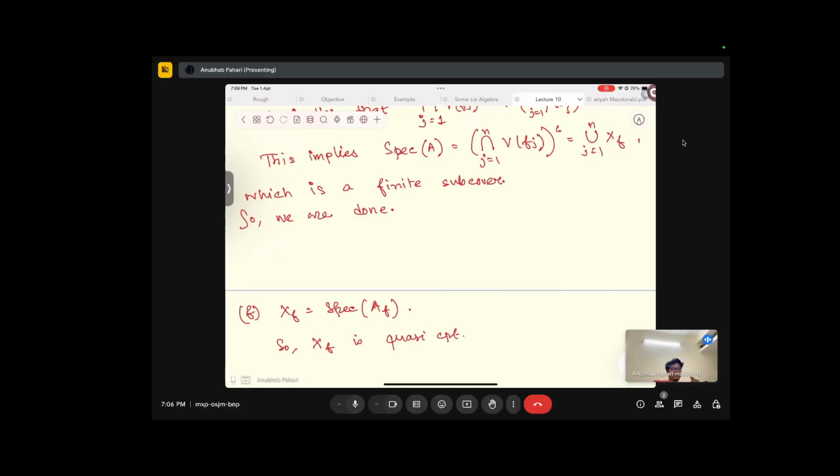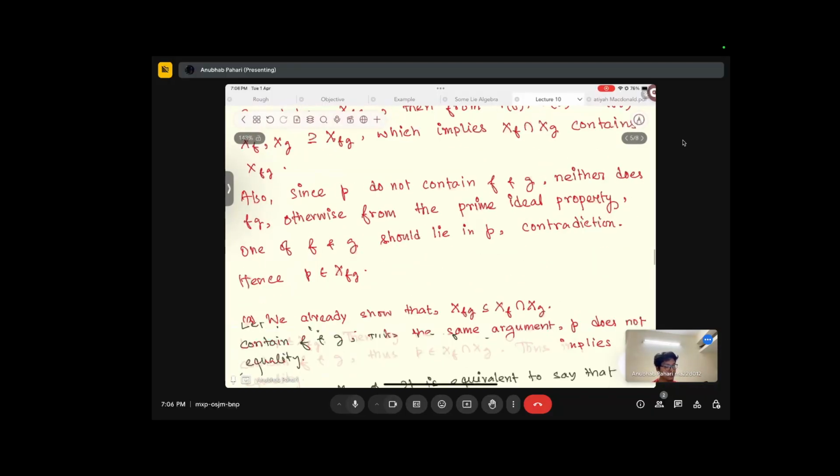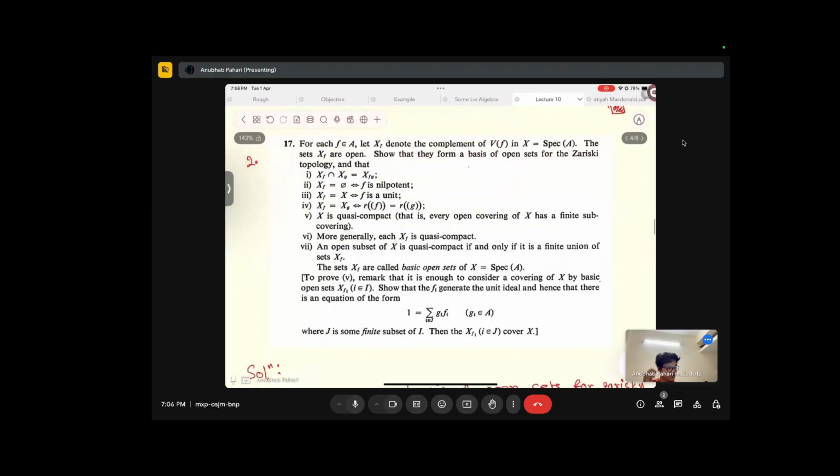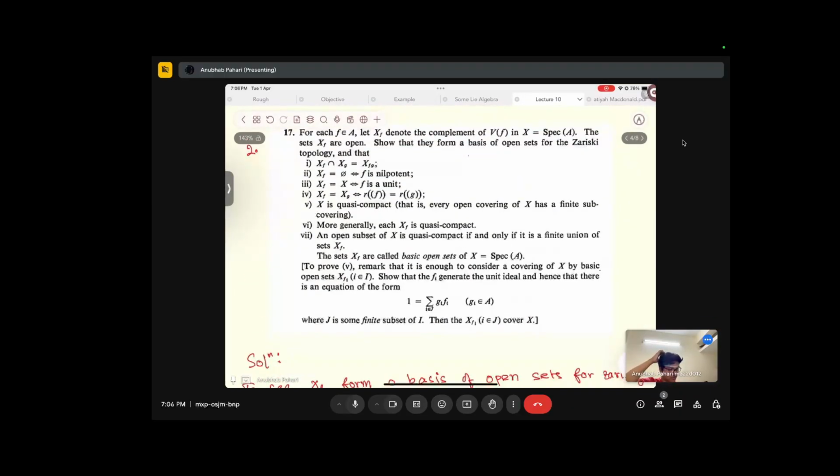This is one proof, but there is also another method. Okay, think of another method. Then I will be showing another method also. Also this thing that an open subset is a finite union of these sets.